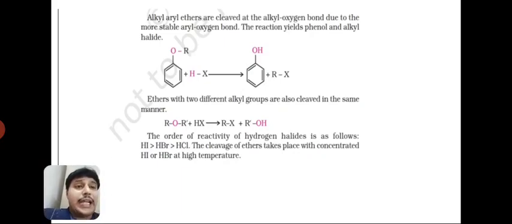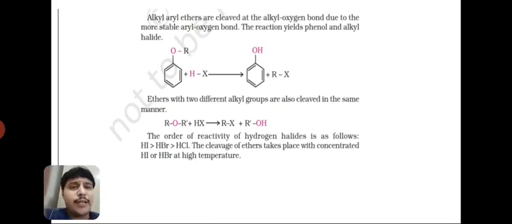Unlike aliphatic ethers, in the case of this aromatic part, two products are not formed, meaning after formation of phenol the reaction stops. If you consider the reactivity order of the halogen acids HI, HBr, HCl, the order is HI greater than HBr greater than HCl, meaning hydrogen iodide reacts faster than HBr and HCl.